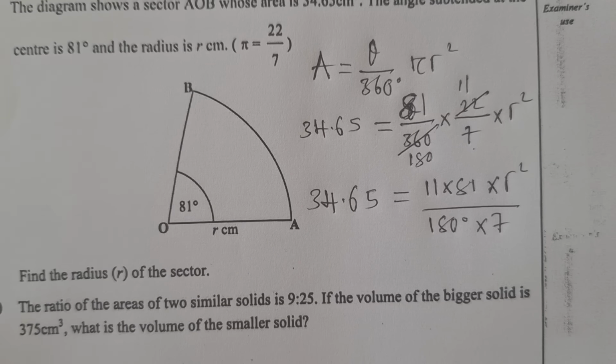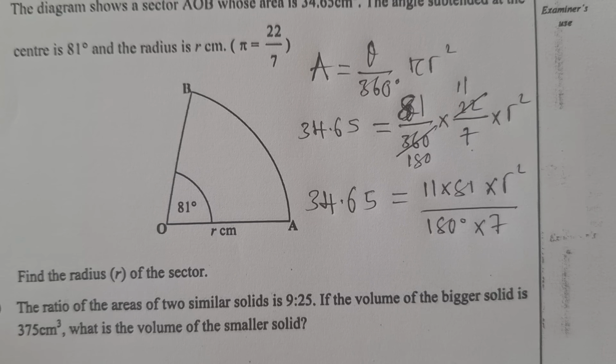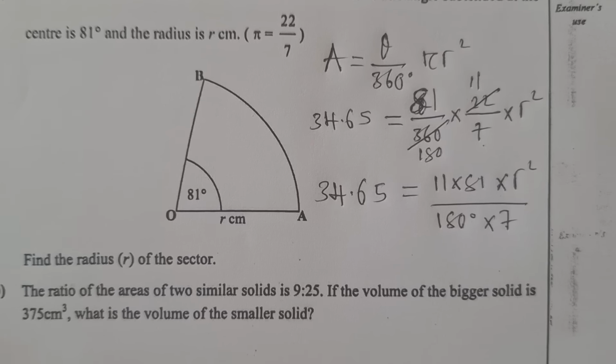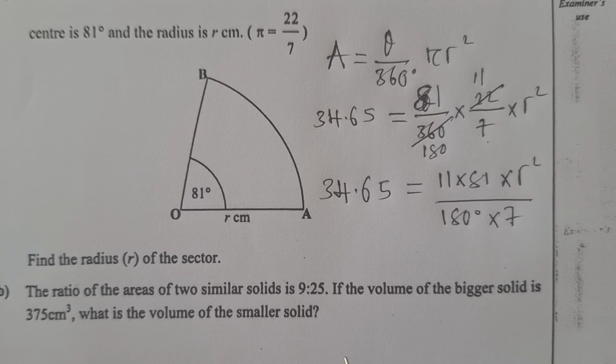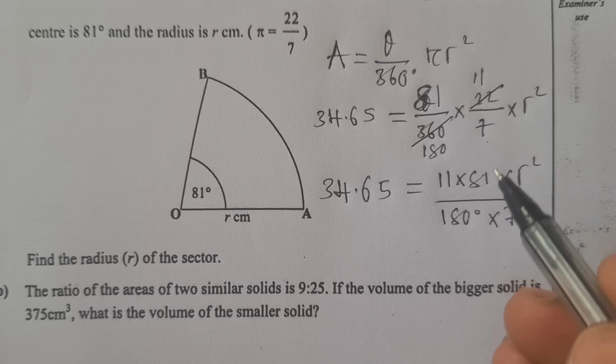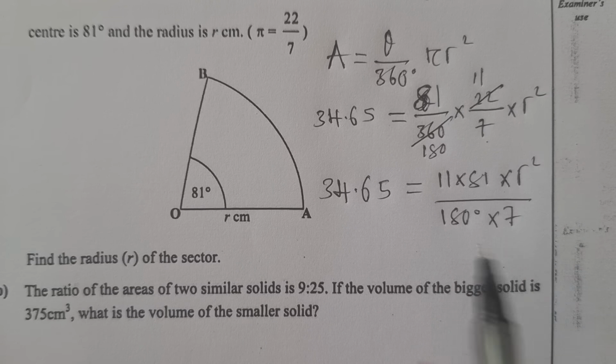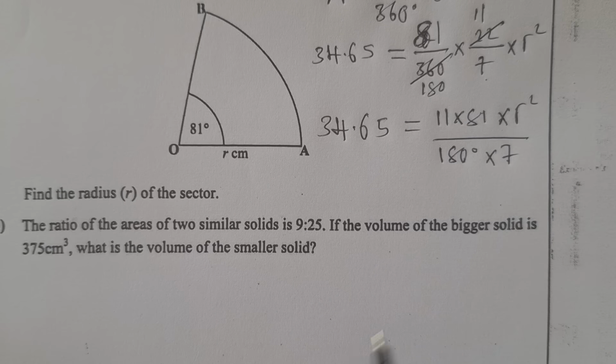You see the way I'm doing it? Because I don't have a calculator, or I'm not allowed to use a calculator, so I'm trying to clean this up as much as possible. Before we even introduce the 9, we can cross multiply.